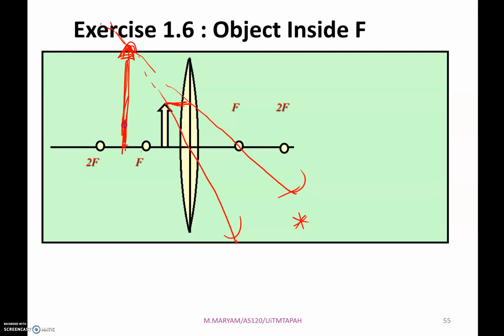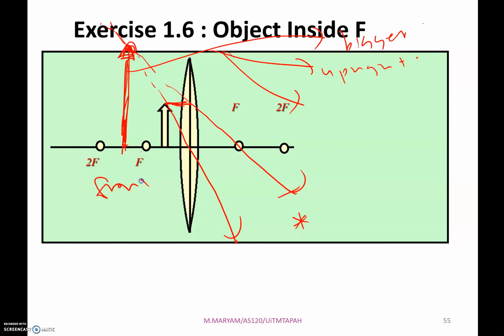Now I want you to write down the characteristic of the image. Can you do the 3 characteristics? What will be the first one? Yes, it's bigger, very obvious, and it is upright. Is it real or virtual?